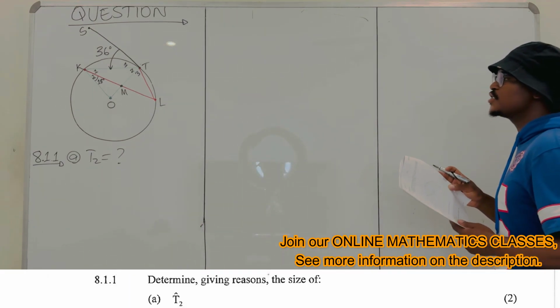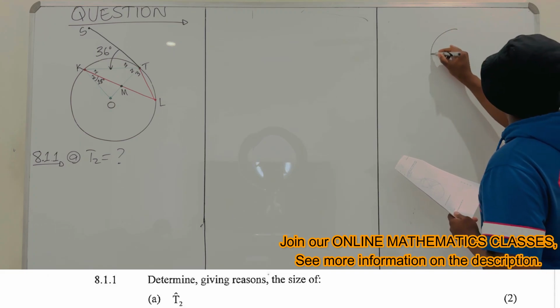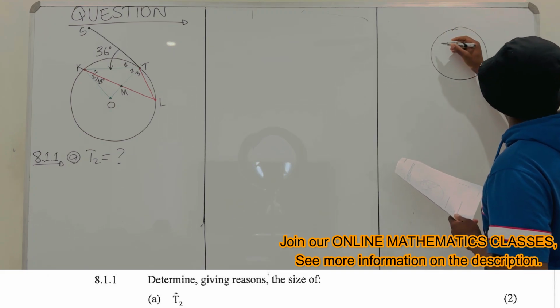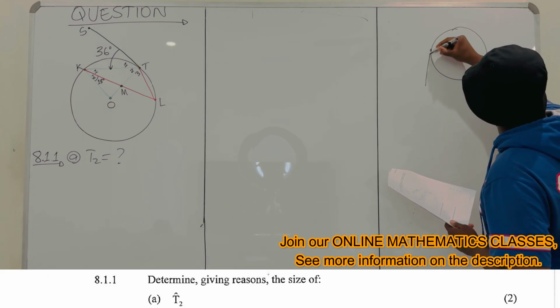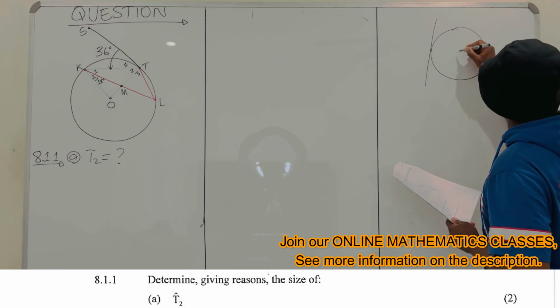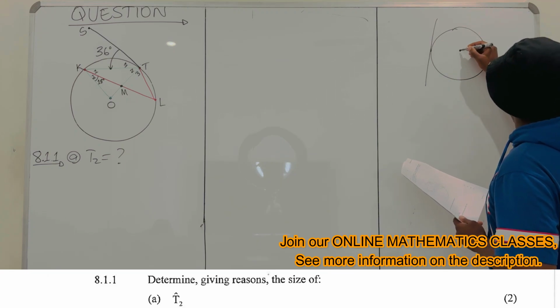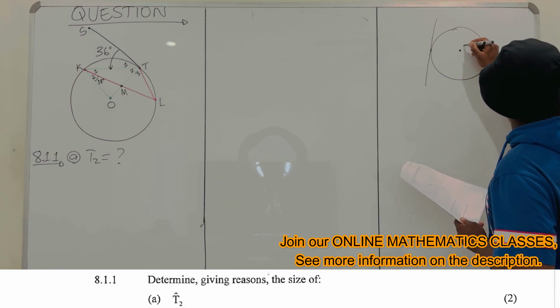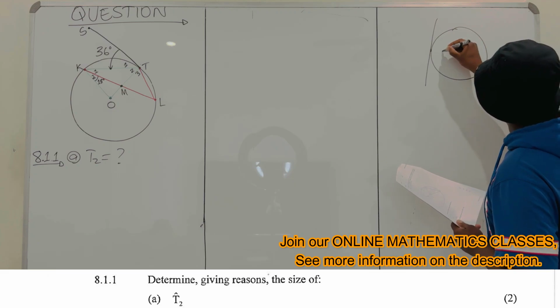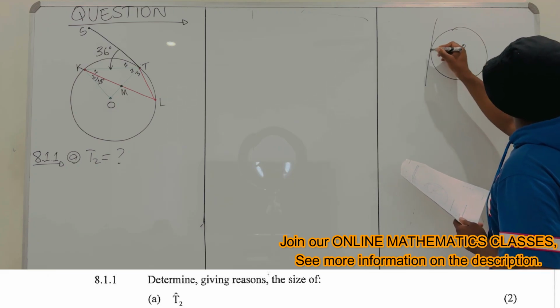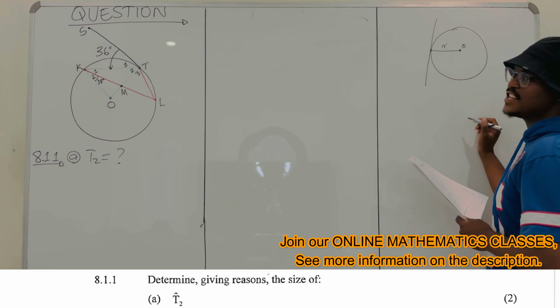So when I was doing geometry sessions, if you had a circle like this, and let's say you have a tangent here at this point over here, and let's say this is the center here, center O. This line from the center to the circumference is called the radius, right?